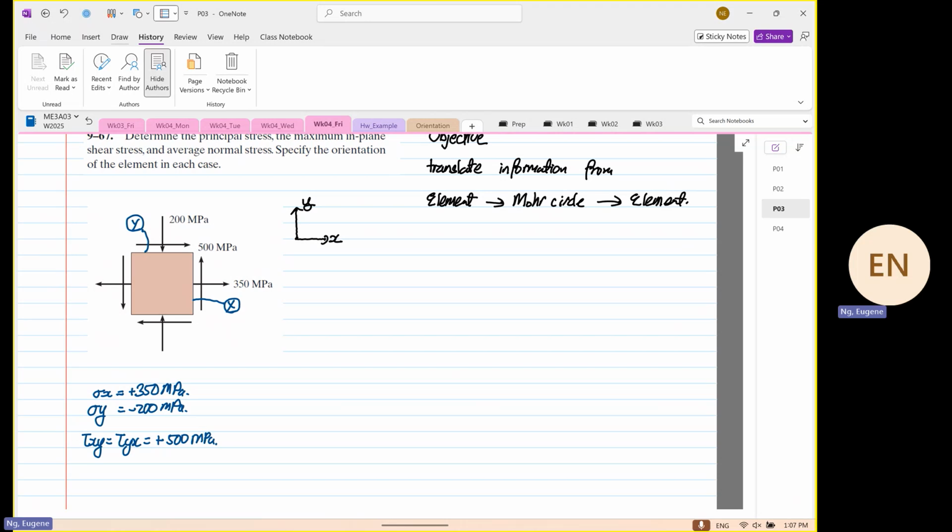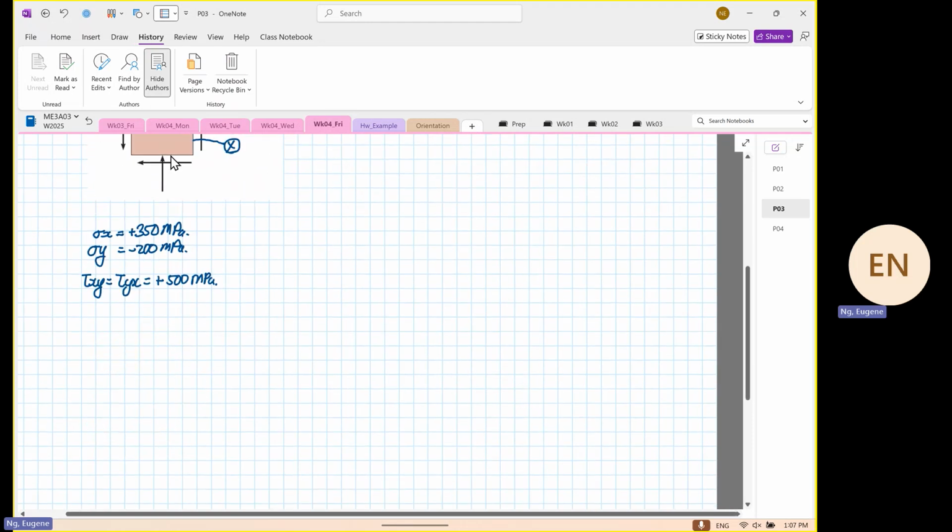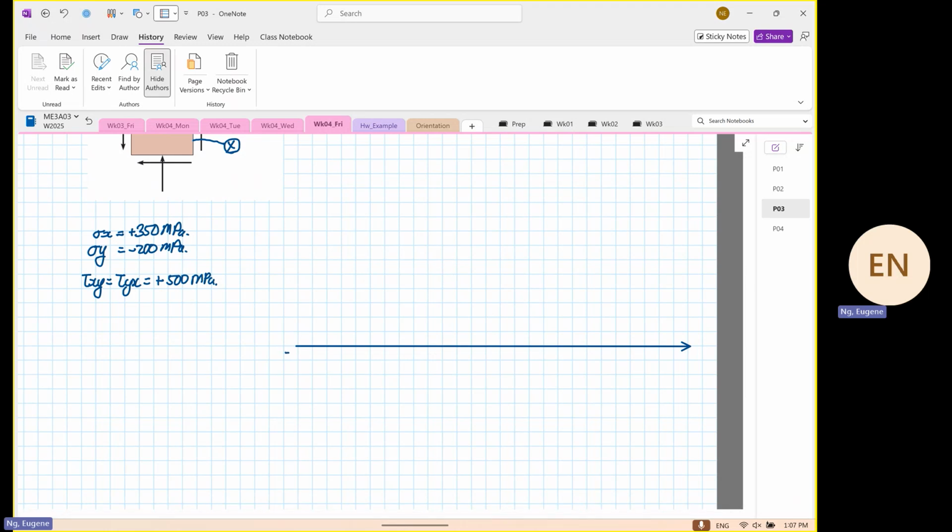Okay, so from here we are going to construct Mohr circle. We are going to draw Mohr circle now. I'm going to teach you how to draw Mohr circle. So on Mohr circle, I'm going to pick, I don't know what's the value to use, but I'm going to pick minus 500. Maybe 500 is too much.